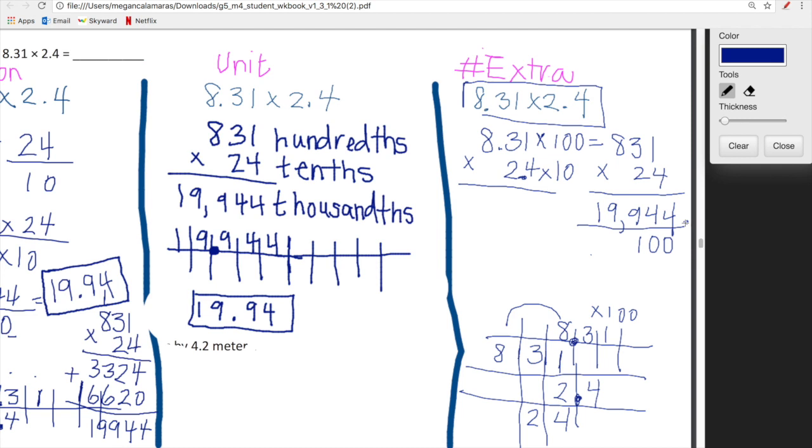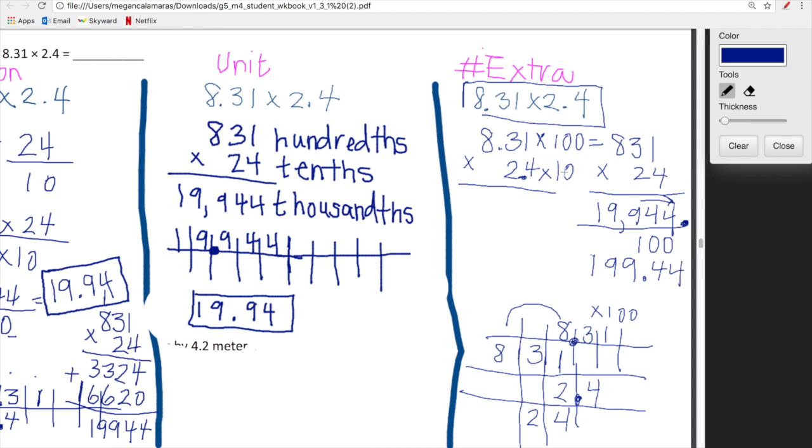I'm not even going to do this on the place value chart. You just imagine these digits now shifting that away 2 place values, which is essentially going to move our decimal point from here to here. So 19,944 divided by 100 is 199.44. But now we have to undo this that we did at the beginning.